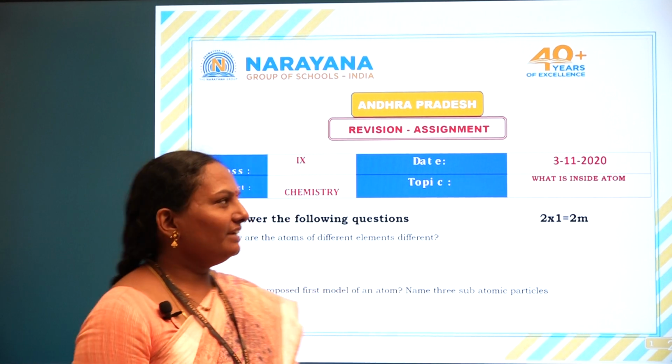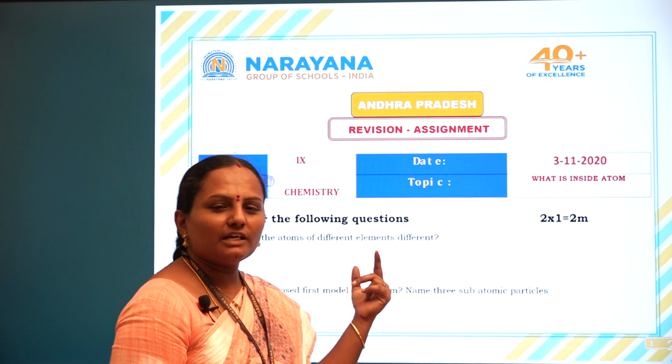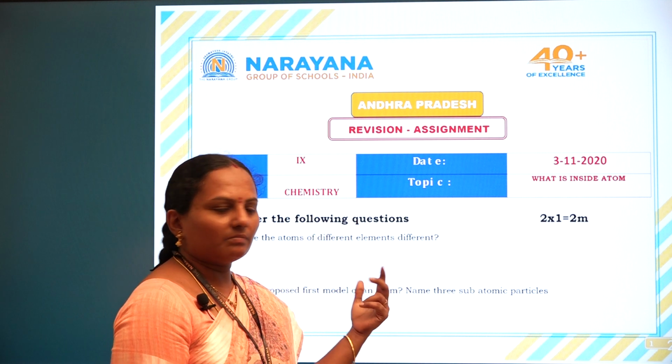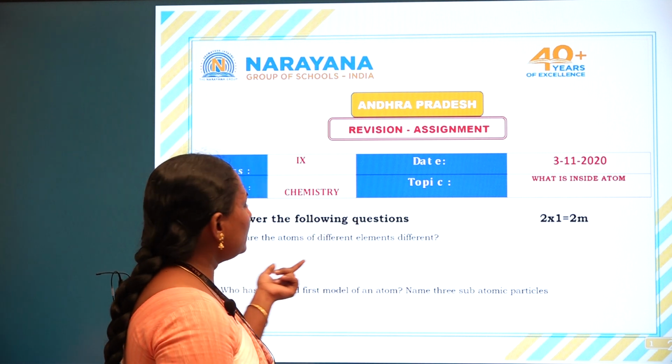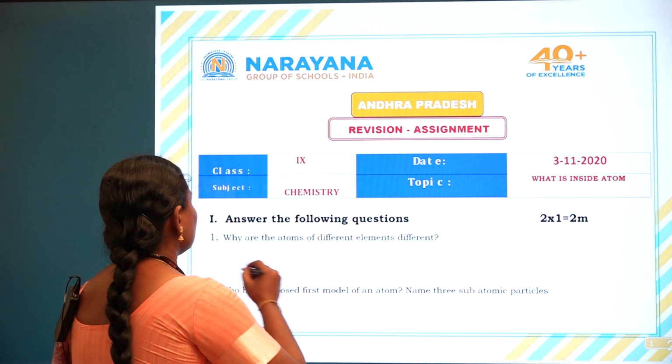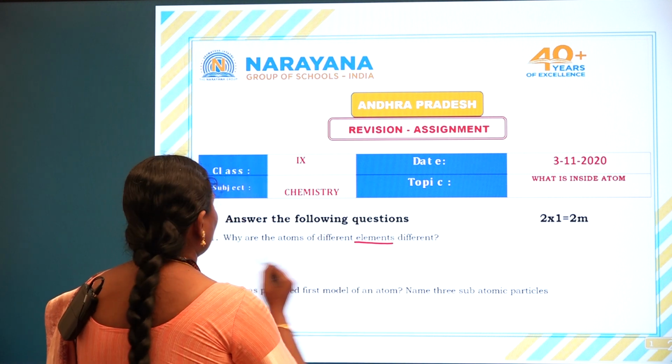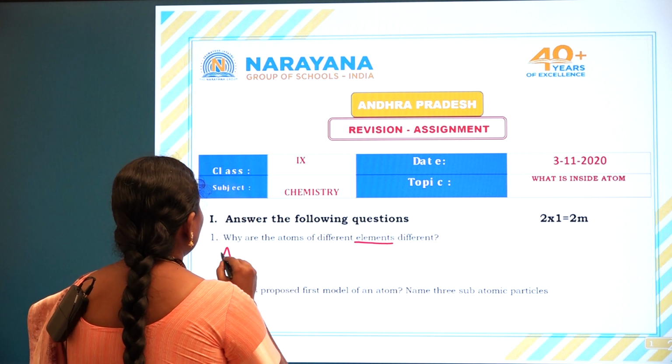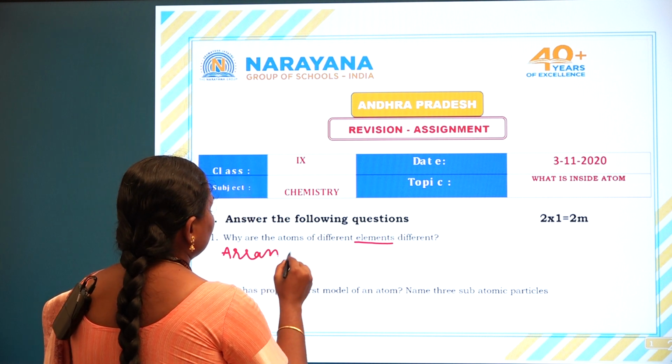Hello children, we are discussing the revision assignment related to the topic what is inside an atom. In the first question, why are the atoms of different elements different? The properties of elements depend on the arrangement of atoms.